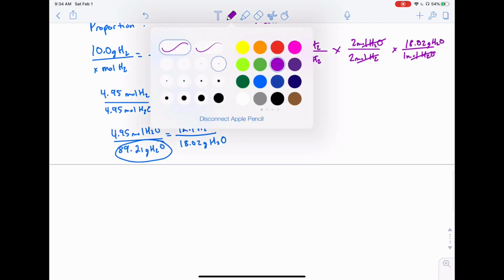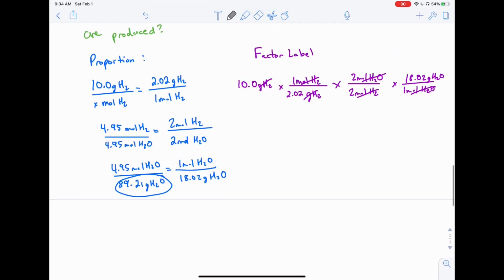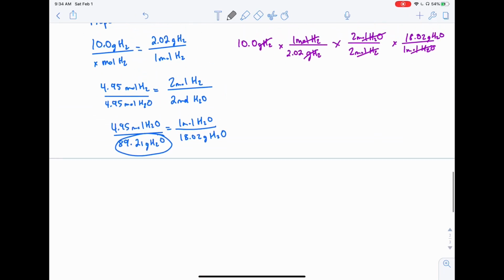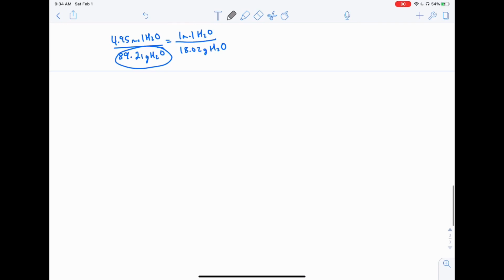Okay, the other ways are a little bit interesting. Let's just put it that way. The third way is what I call the super equation or proportion. Now, it's not an end all be all.